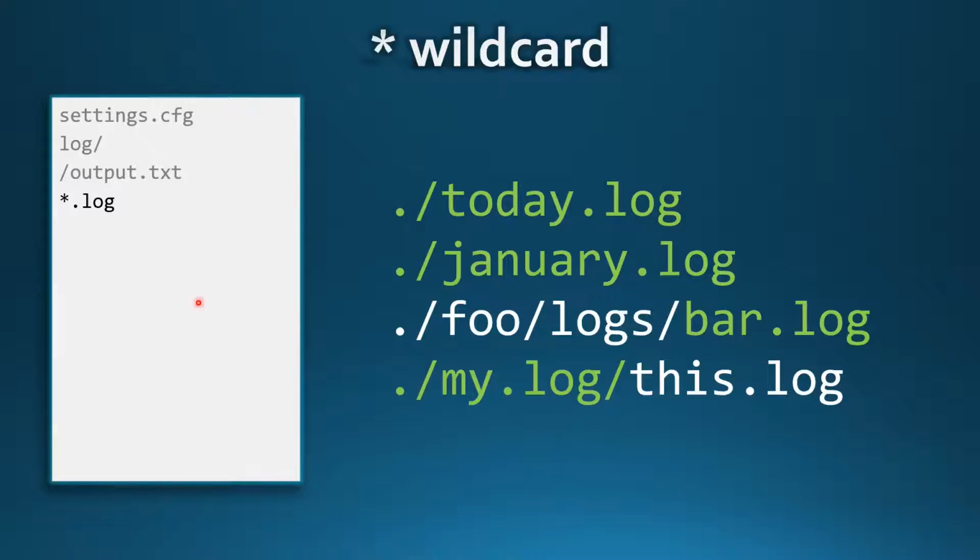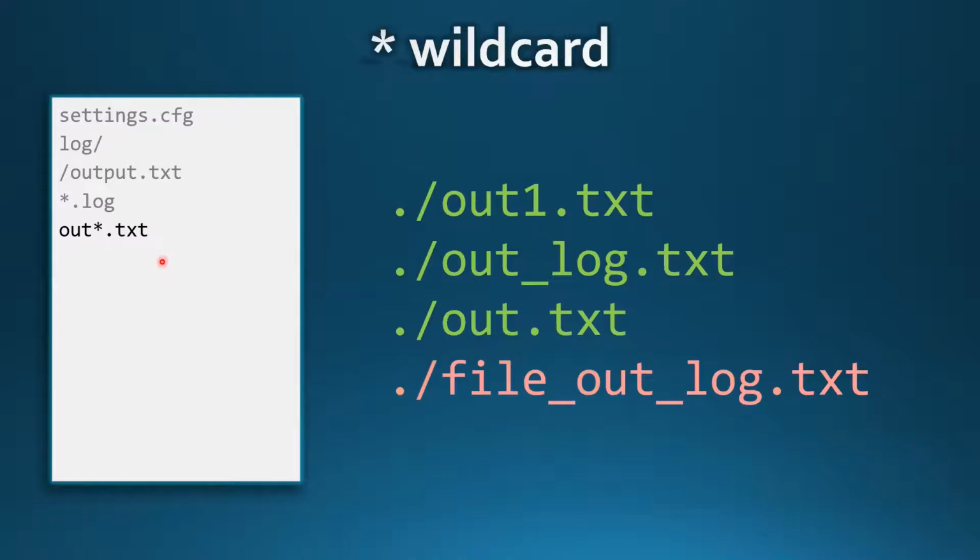An important caveat to the asterisk wildcard is that it can match an empty string. So it will also ignore the file named just .log. It doesn't have to have something in that asterisk, so it's zero or more characters. You can also have the wildcard within the string. It doesn't have to be at the beginning.